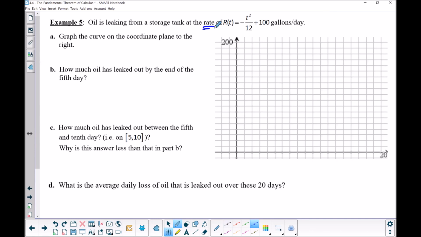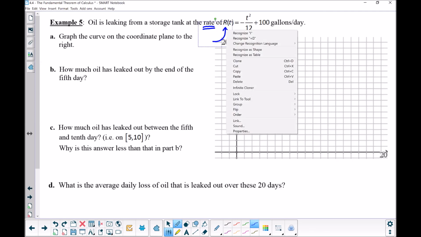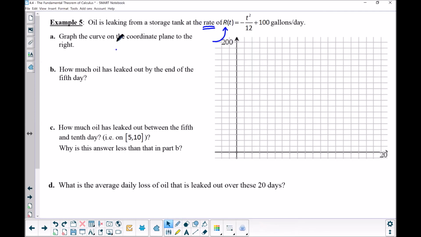From this point on, guys, a lot of times I'm going to give you some function. The AP exam is notorious for this, and that function will be a rate. It may not look like a rate. It may not have a prime mark attached to it. It may not have d over dt or d over dx attached to it, but it will be a rate because it'll say it's a rate. Plus, the label might give it away too.